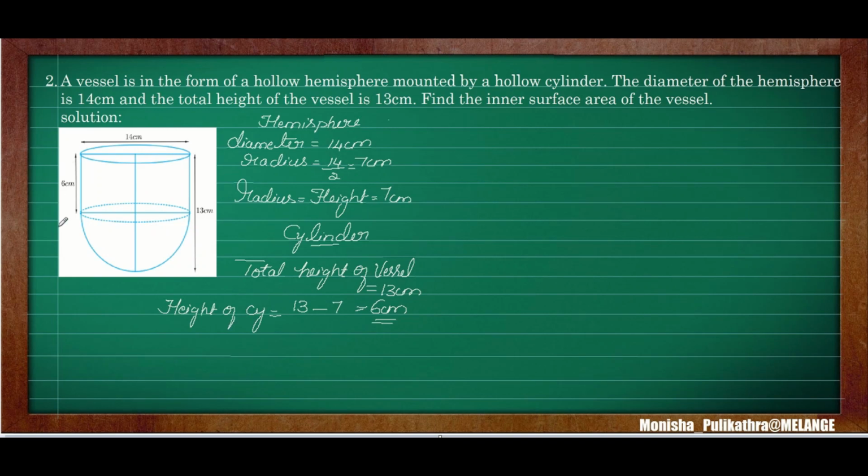So next we need to find out the inner surface area of the vessel. So inner surface area of the vessel is equal to CSA, that is curved surface area of cylinder, plus curved surface area of hemisphere.